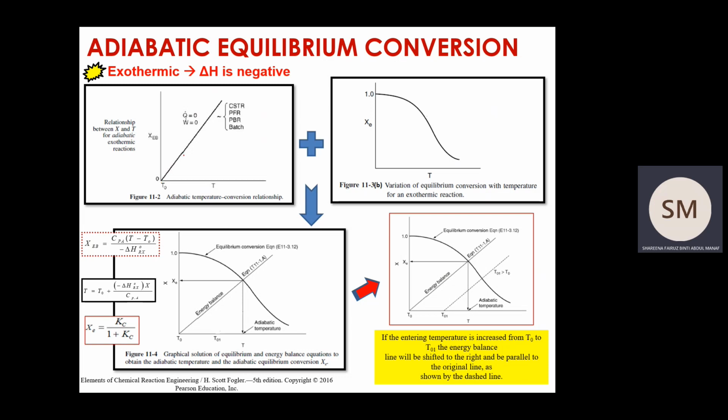As the temperature increases, the conversion from the energy balance increases, applicable to all types of reactors. Then we have X_E from the equilibrium, which is X_E equal to Kc over 1 plus Kc, or K_E. So it will go downwards like this.